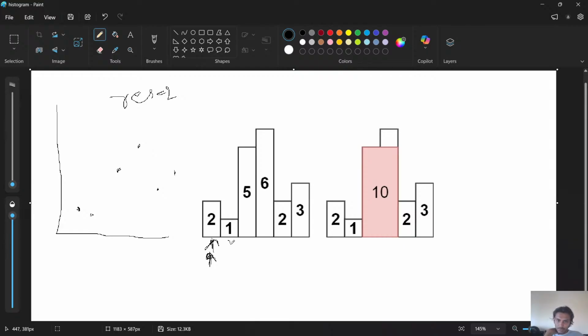Then we move the left pointer over here, and this pointer over here. Then again we calculate the histogram for both, that is 1. We got a smaller one, even though it's 1, we got 2, it's similar, so we move.